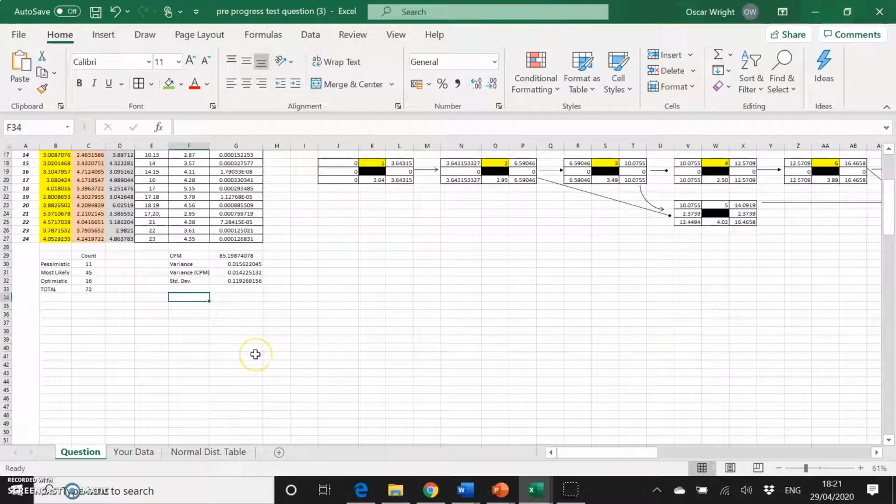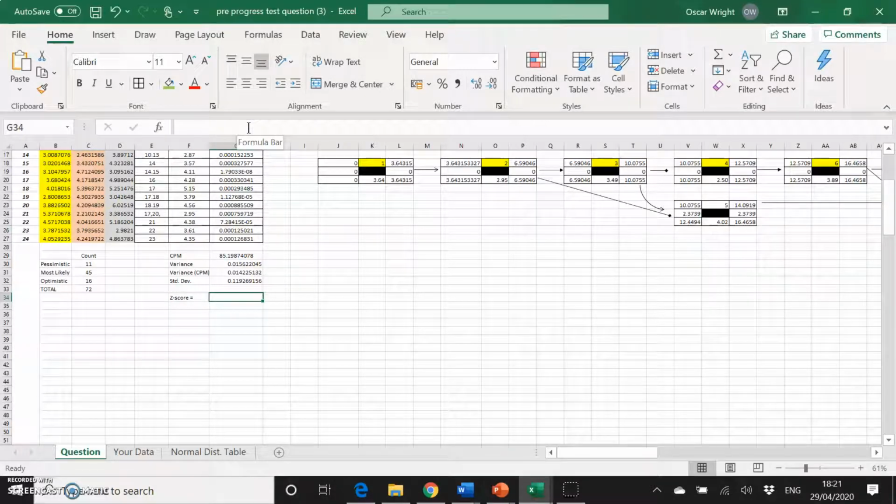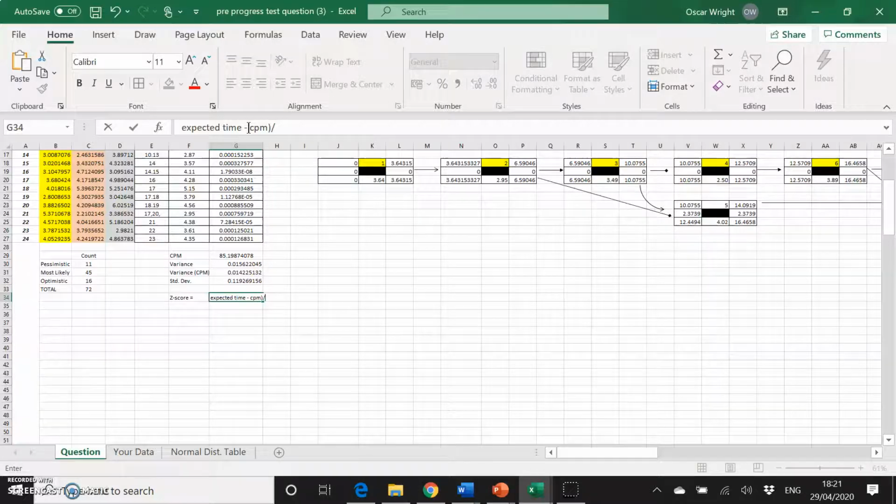So the way we're going to do this is we remember that to find our Z score, it equals the expected date, or expected time, minus the CPM, and divided by the standard deviation.